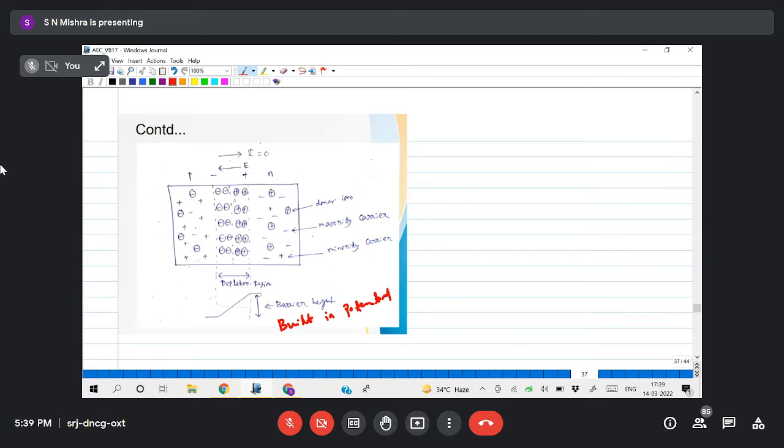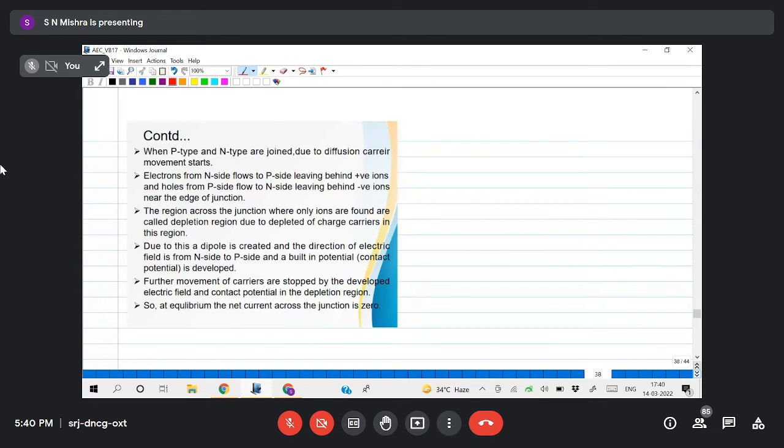The built-in potential or barrier height further stops the movement of majority carriers. But minority carriers can move, so the net current across the diode is 0. Clear? Yes, sir.